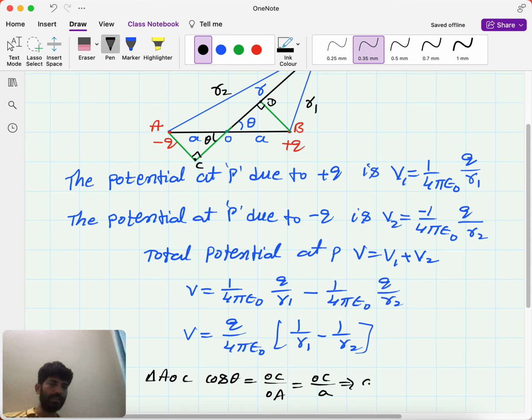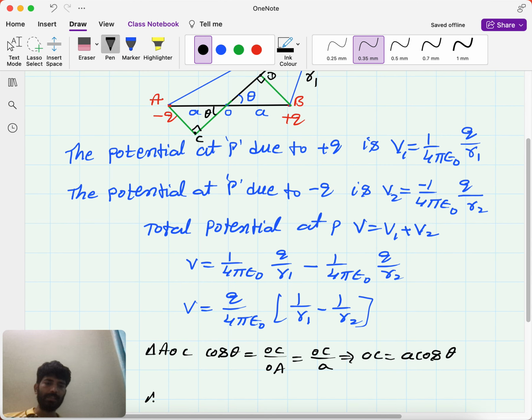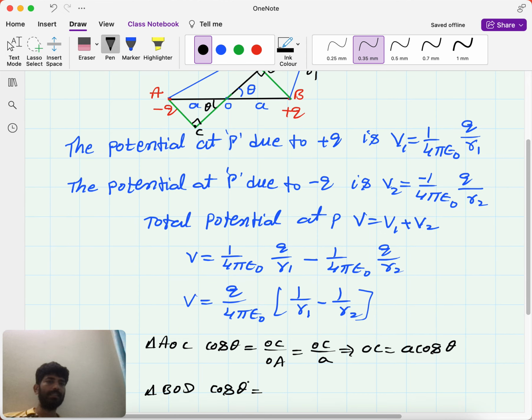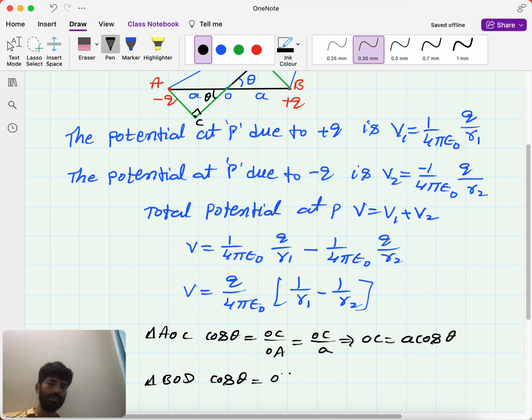So OC is equal to a cos theta. Next, another triangle, triangle BOD. Again cos theta is adjacent by hypotenuse, which is OD by OB, so OD is equal to a cos theta.